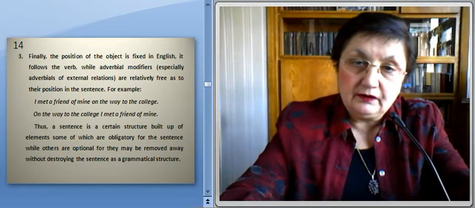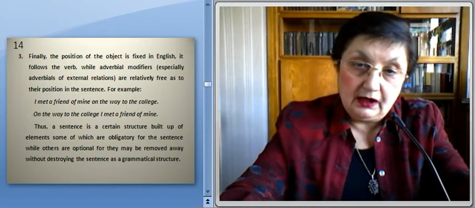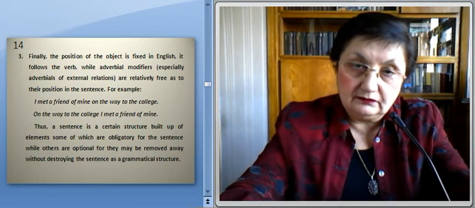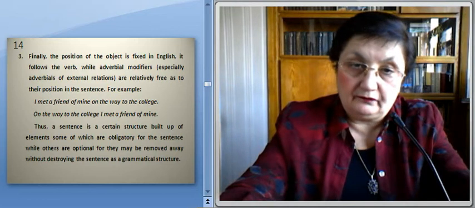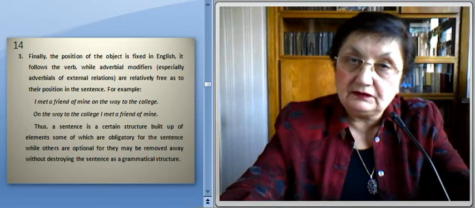Thus, a certain sentence is a certain structure built up of elements, some of which are obligatory for the sentence, while others are optional, for they may be removed without destroying the sentence as a grammatical structure.